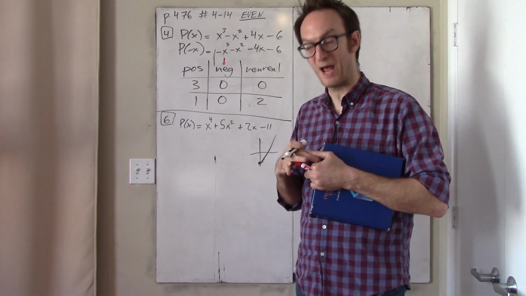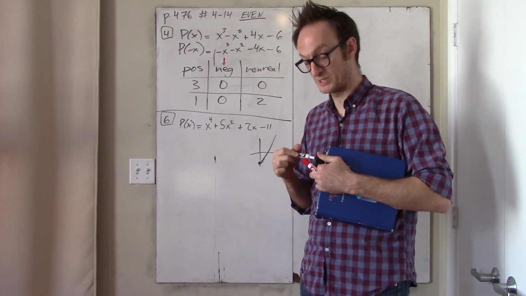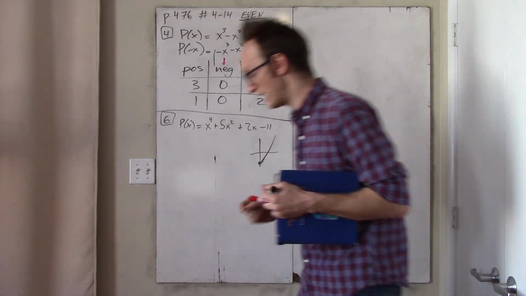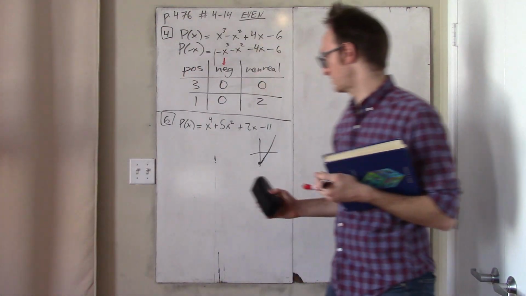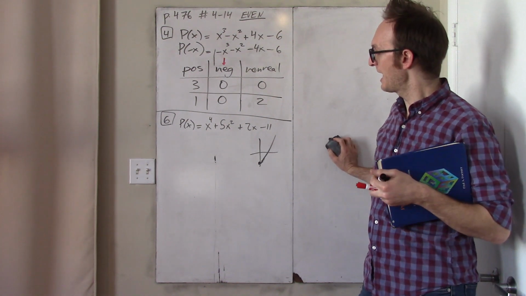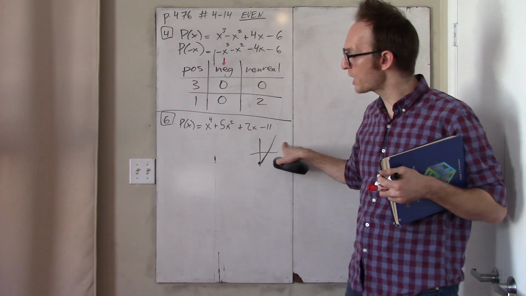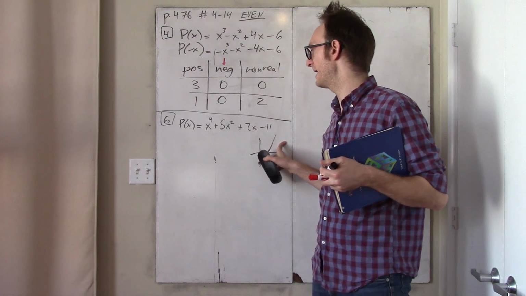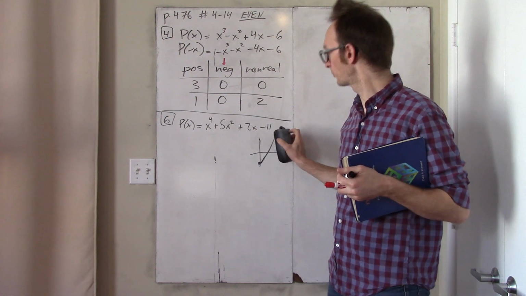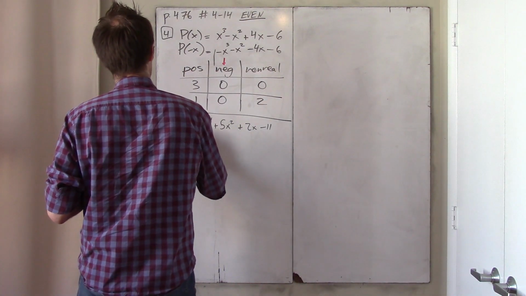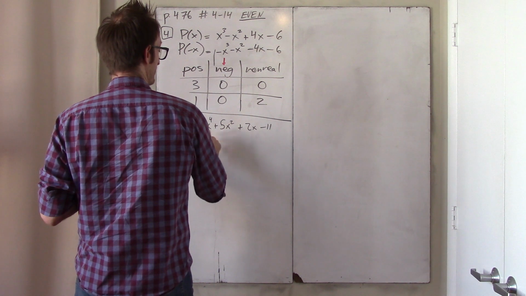Each higher powered term is going to dominate over the previous lower powered terms. That's kind of how polynomials work. And so this function is guaranteed to have exactly one positive real root.